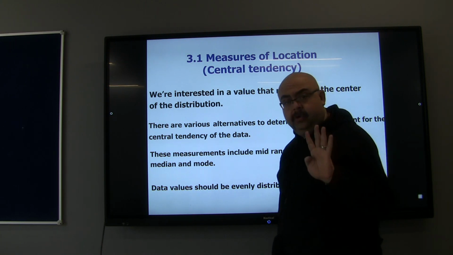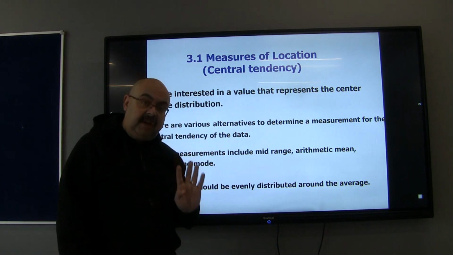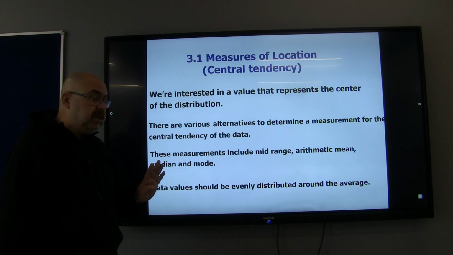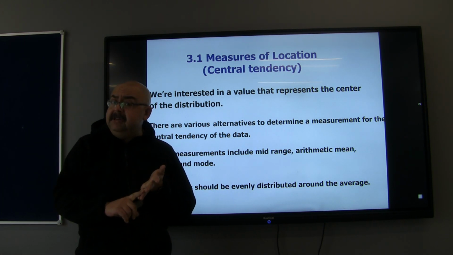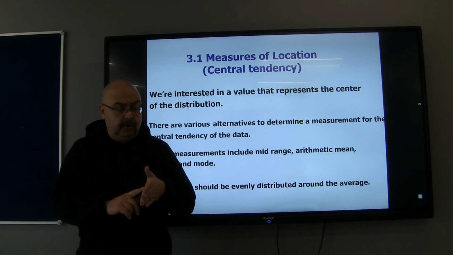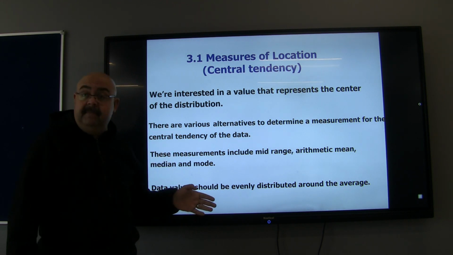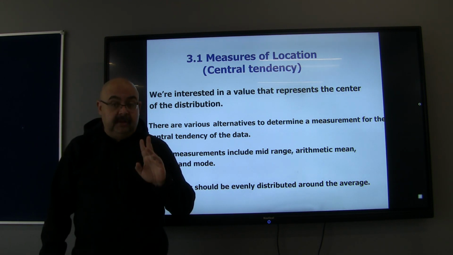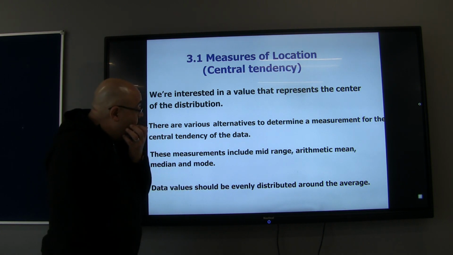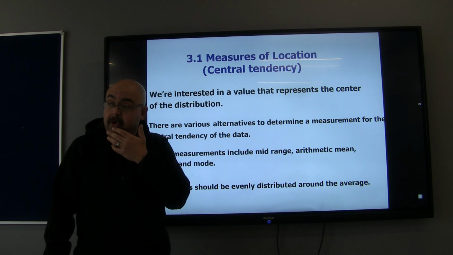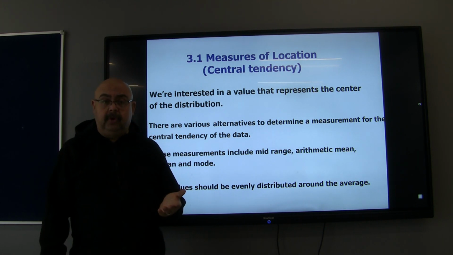We have four types of measures that can be used as central tendency measures: mid-range, arithmetic mean, median, and the mode. We will go through them in the two cases, either if you have your data set in ungrouped form or in grouped form, which means in a frequency distribution.